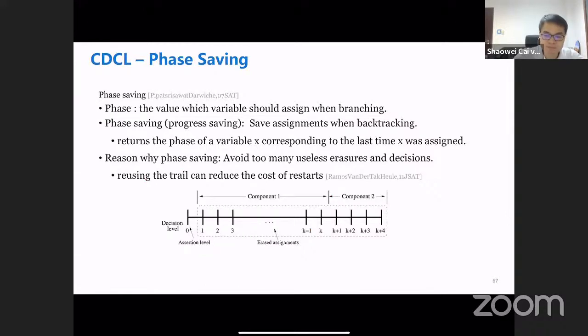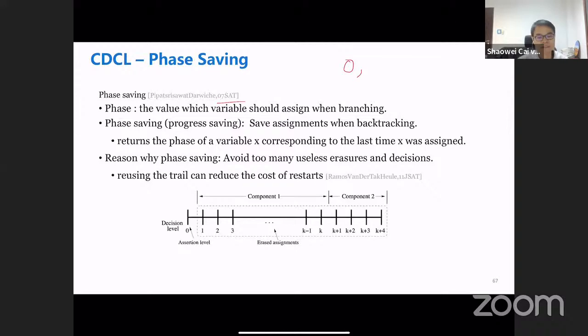Okay, after we pick a variable, we need to decide which value to assign to this variable. In the early days, we had all 0 before 1, or 1 before 0, or just random. But after 2007, the phase saving technique was proposed.